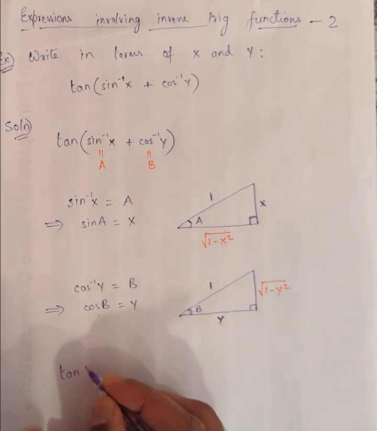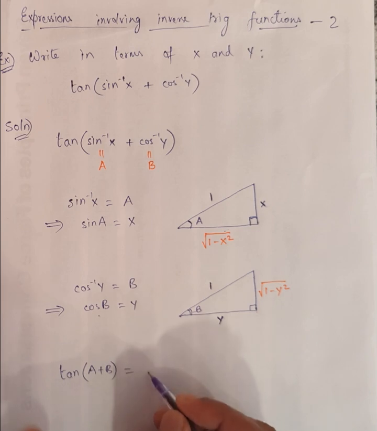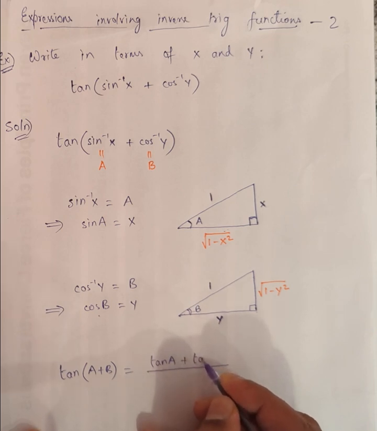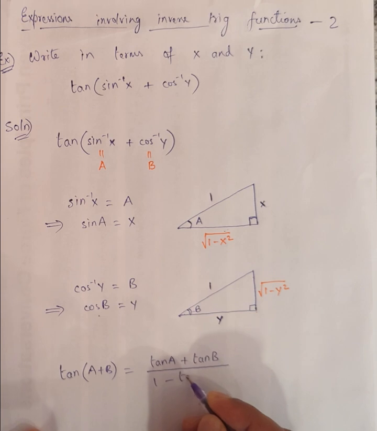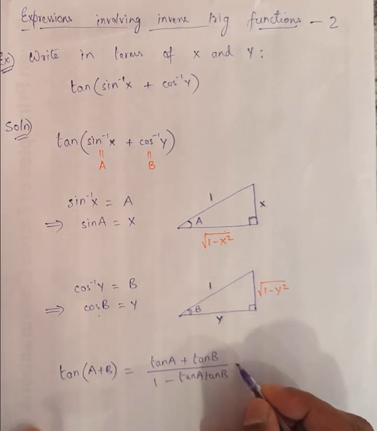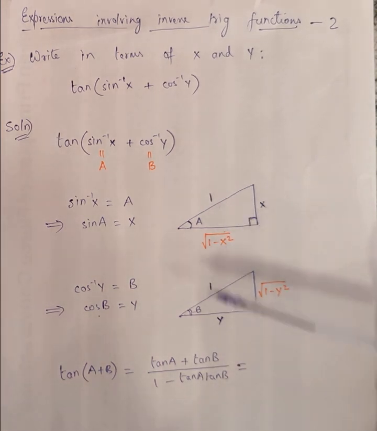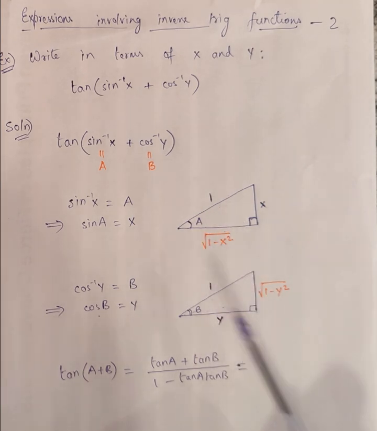Awesome. Now, eventually we have to find tan of A plus B. So tan of A plus B is the fraction where the numerator is tan A plus tan B divided by 1 minus tan A tan B. And let's write it here. Now that we have these two triangles, we can tell what tan A and tan B are going to be. That's what's going to be used here.